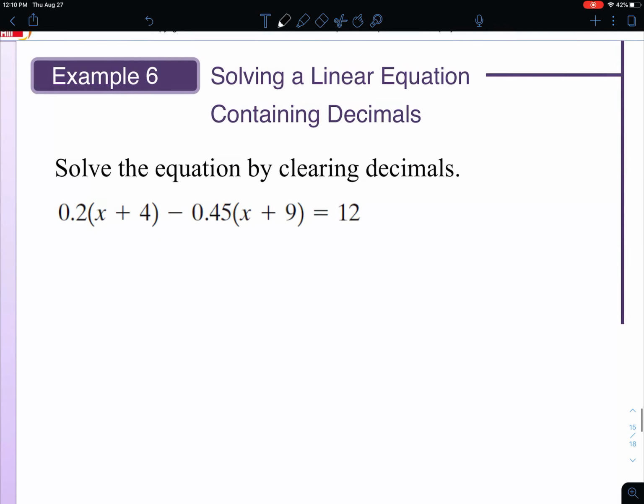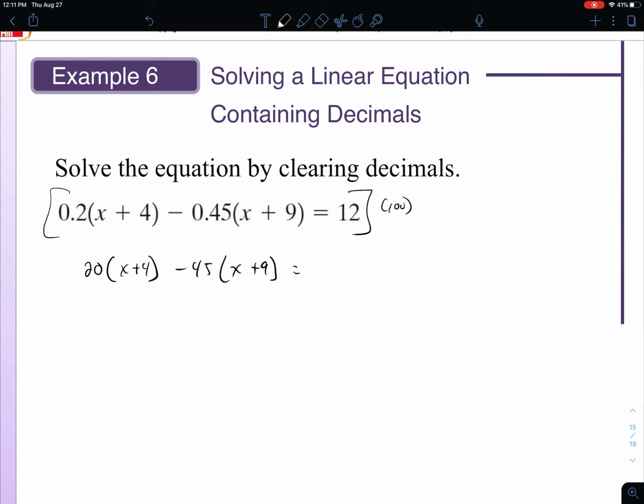All right. So here again, we can go ahead and clear these decimals. Now, since we have 2 decimal places, I'm going to have to multiply by 100 because I have to clear those decimals, right? So if I do 0.2 times 100, I get 20. So it's 20x plus 4. And then if I do 0.45 times 100, I get 45.